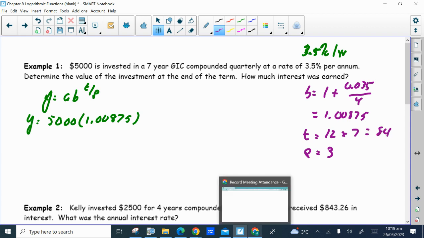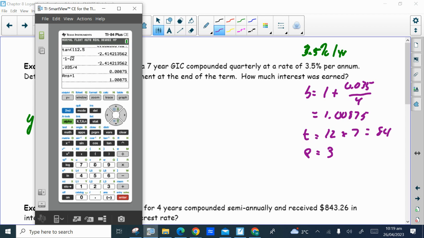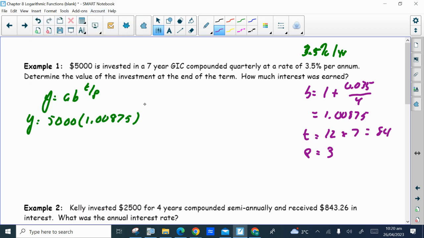And if you go 84 divided by 3, you get your 28, which we said we needed. So that 28 comes from the fact that the time will be 84 months, 12 months a year times 7 years. The term of that investment is 84 months, and the interest is calculated every 3 months, 4 times a year. This gives us our 28 that we knew that we needed to get.